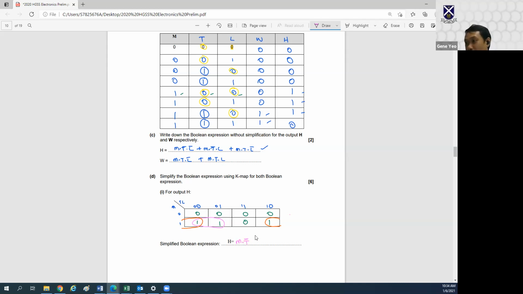But I also have one more group, so I can have this or, now I look at my orange one.